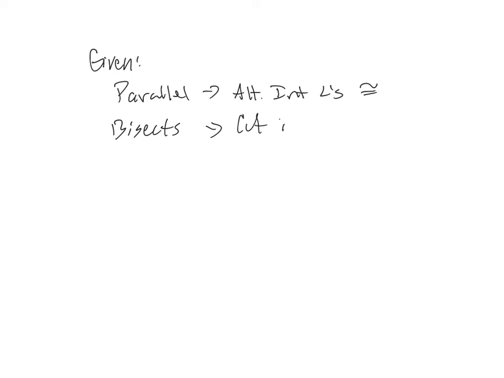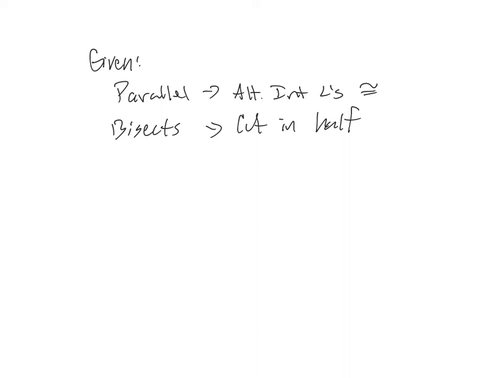Most of the time when you see parallel, you're going to want to say that alternate interior angles are congruent. You've got to identify which ones are alternate interior angles that work with your problem. If you see bisect, and you will today, remember that means cut in half.